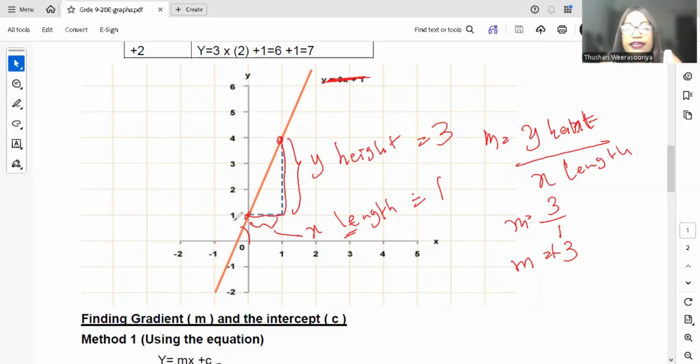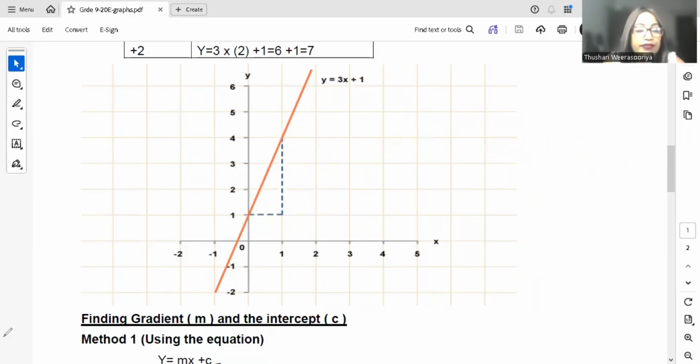How do you get the intercept? The intercept is the cutting point of the y-axis. The cutting point of the y-axis is 1. That is the intercept. I assume you can understand this. We'll learn further about this.